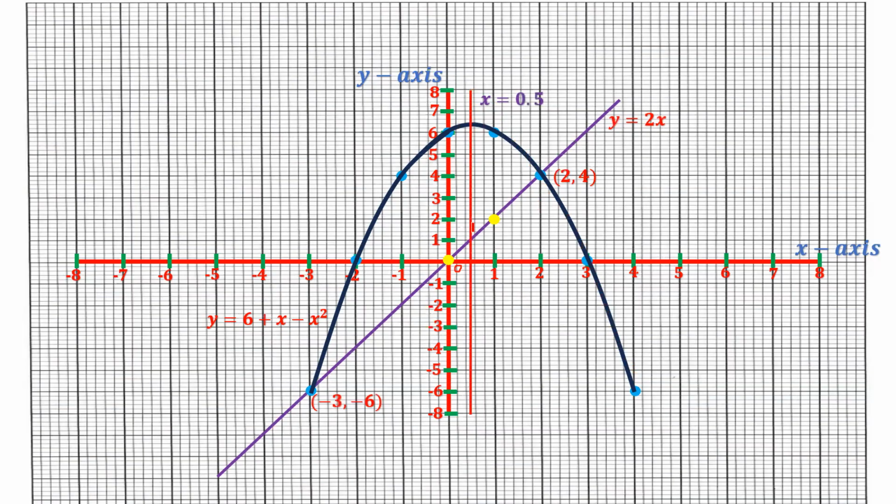This line cuts the parabola in half, okay? And if you look carefully, this line is x is equal to 0.5, because this is 0, this is 1. It's exactly in the middle. That's going to be 0.5. So this line that cuts the parabola in half is x is equal to 0.5. And so that is the line of symmetry for this parabola. It cuts it directly in half right there.